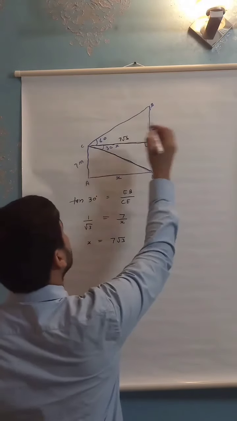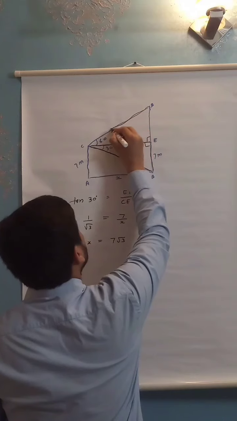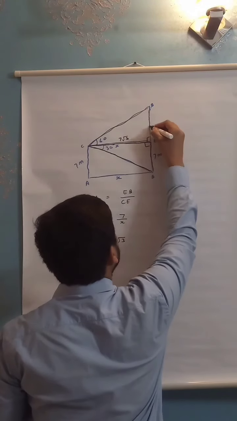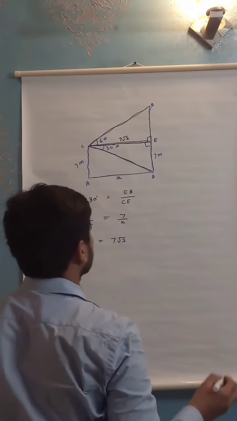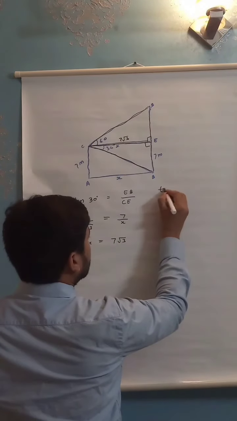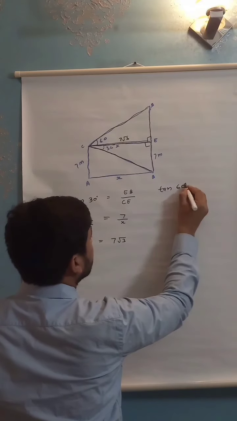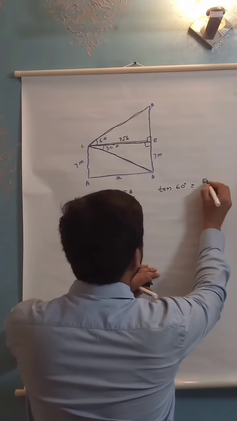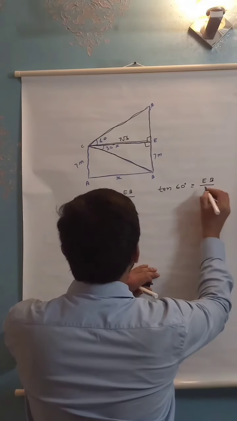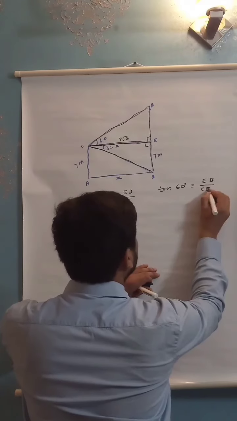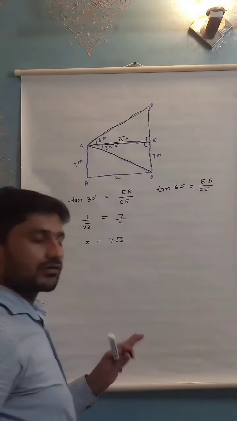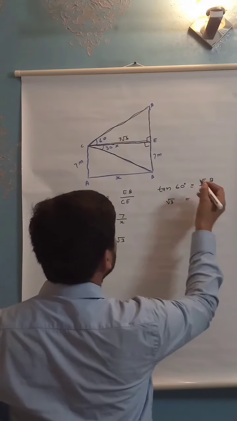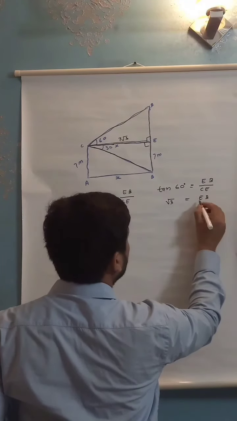Also from triangle BCE, tan 60 degrees equals perpendicular upon base, EB upon CE. Tan 60 degrees equals root 3, equal to EB upon CE.